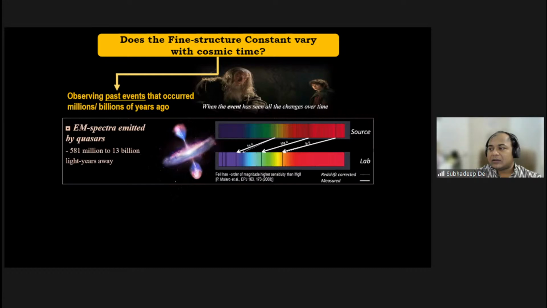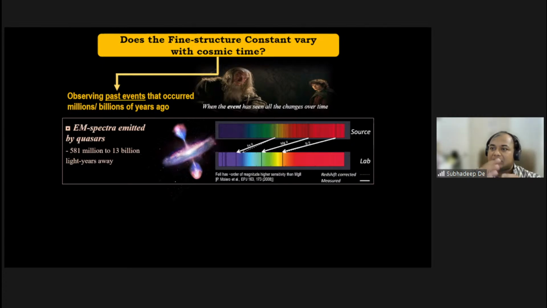Quasars are highly active objects at a very, very far distance from Earth, from 600 million light years to some tens of billions of light years away, and they emit an electromagnetic spectrum. These electromagnetic spectra are basically coming from fluorescence from some atomic transitions and so on.